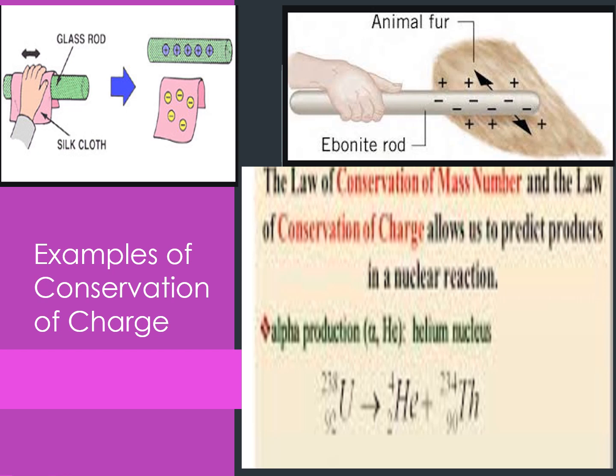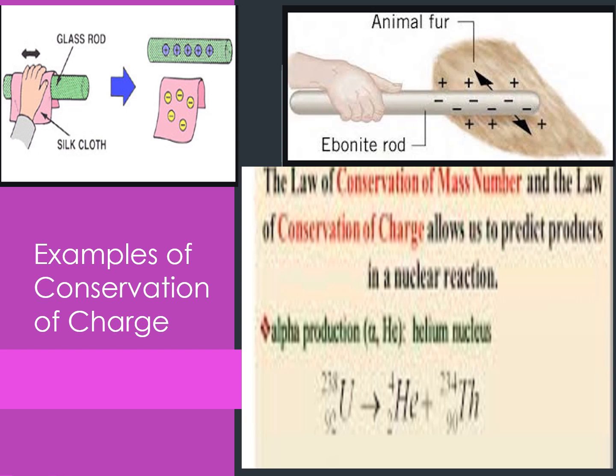It is seen that the magnitude of the positive charge on the fur is equal to the magnitude of the charge on the ebonite rod. Thereby the total charge in the isolated system of the fur and the ebonite remains constant.